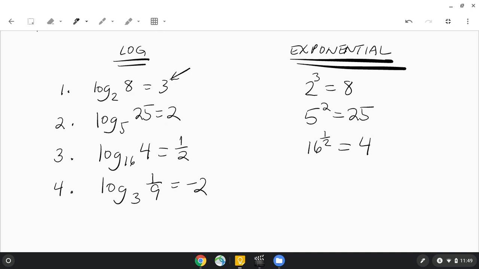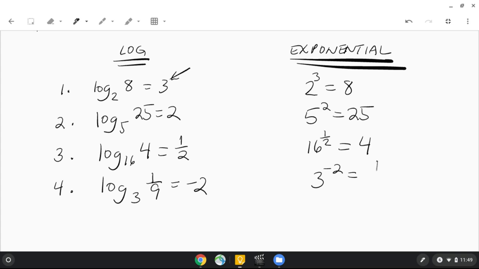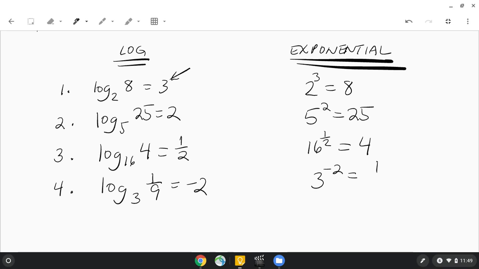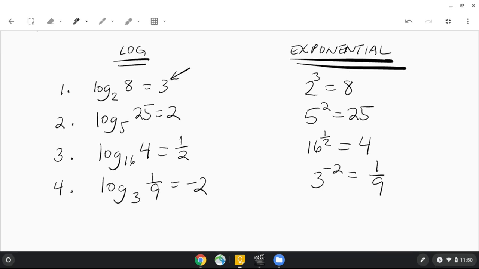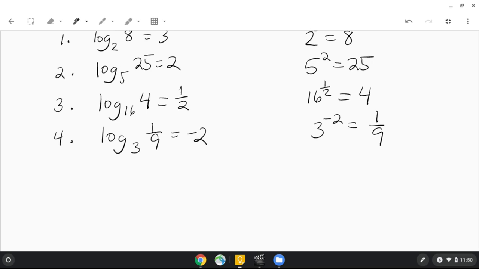Okay, so here, base 3, so we will also have base 3 for exponential. The exponent will be -2, and it should equal 1/9, and it does because negative exponents will turn that into the reciprocal, 1/3 squared, which is 1/9.